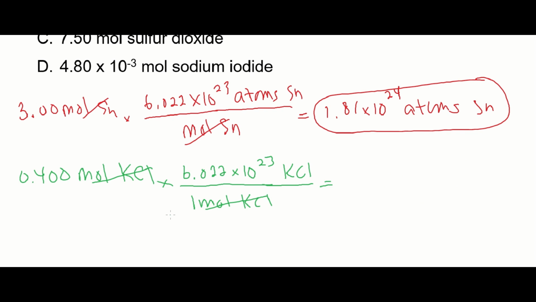So in 0.4 moles of potassium chloride, we have 2.41 times 10 to the 23rd formula units of potassium chloride.